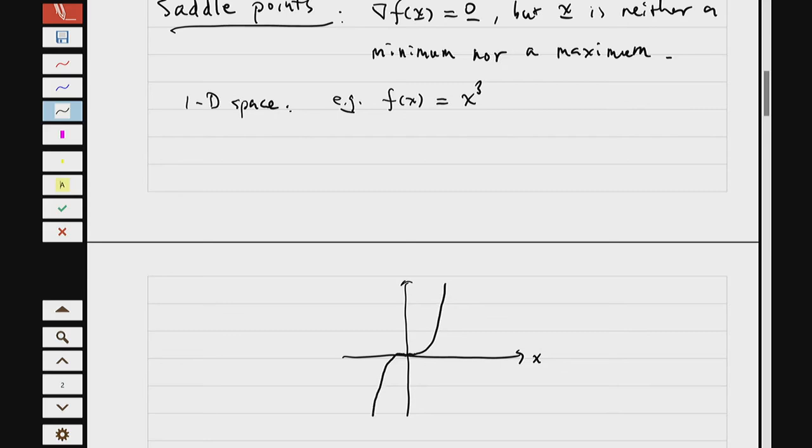At the point 0, the derivative is actually 0. You can easily check that. f prime is 3 times x squared, you substitute x equals 0 in there, you get 0. But this point is neither a local minimum nor a local maximum. But still, it has gradient equal to 0. There's a problem.